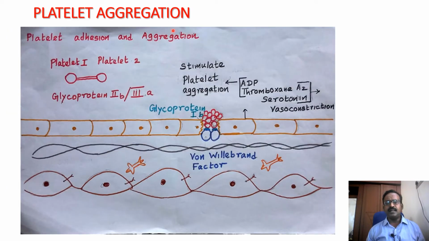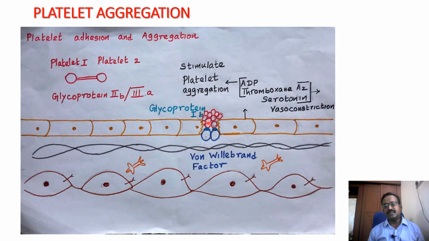Platelet aggregation is the second step of hemostasis. The temporary platelet plug formation is divided into three steps: platelet adhesion, aggregation and agglutination. After the injury, the platelet is sticky in nature.